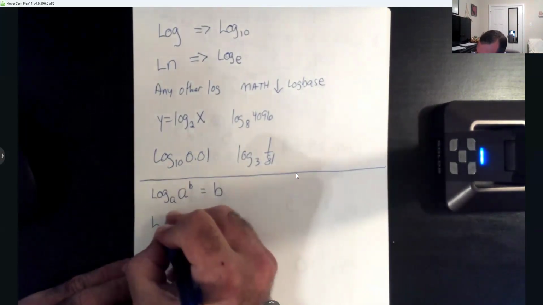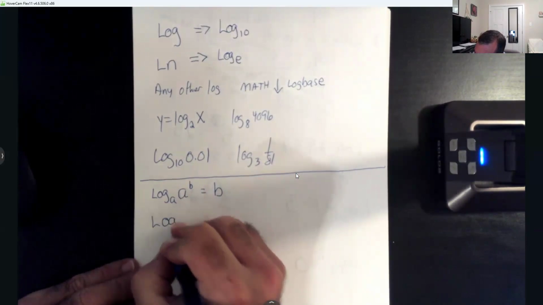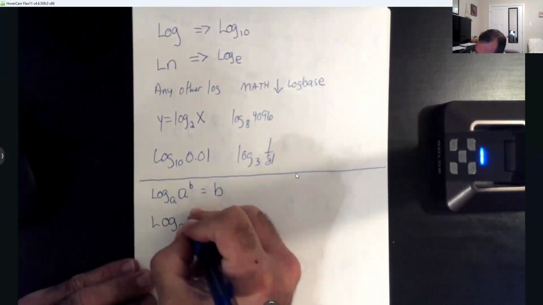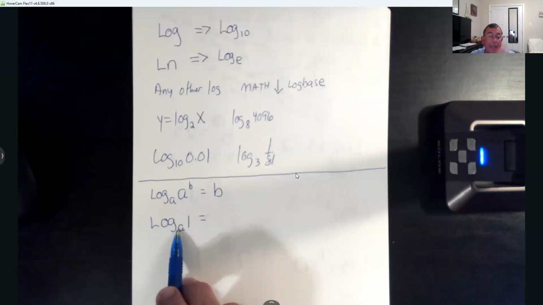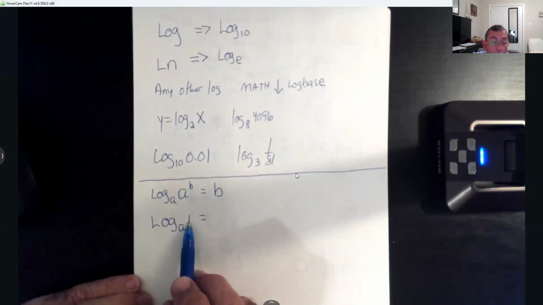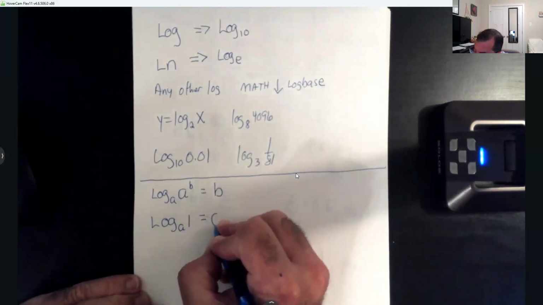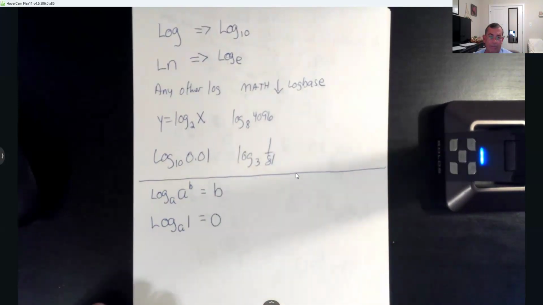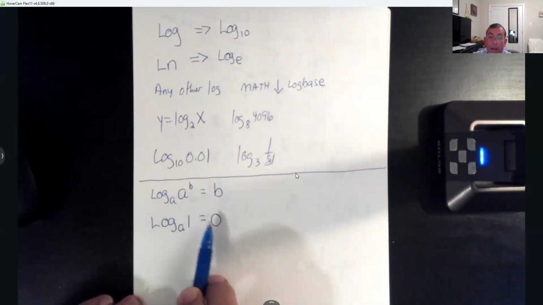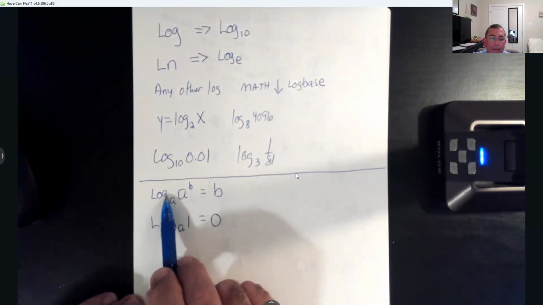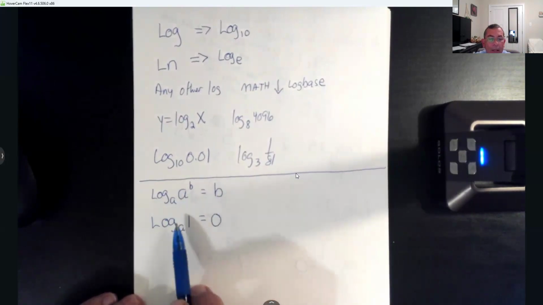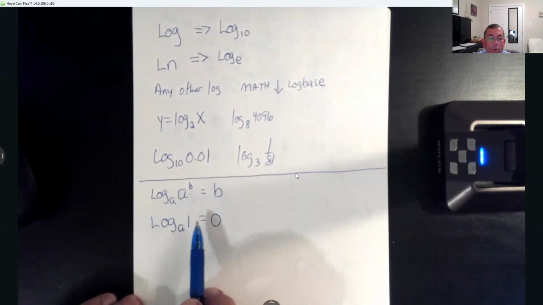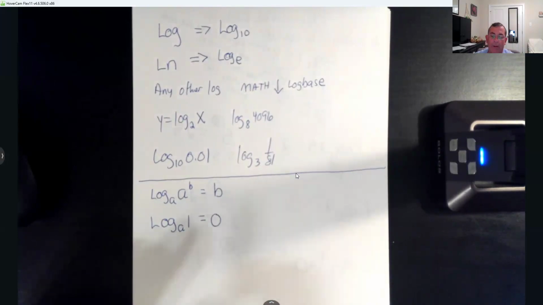Another property on logs: no matter what the base is, if that results in 1, then that log would equal 0. So if there's a 1 here, you got to get a 0 on that, okay? So log base A of A to the B will always equal B. Log base A of 1 will always equal 0.